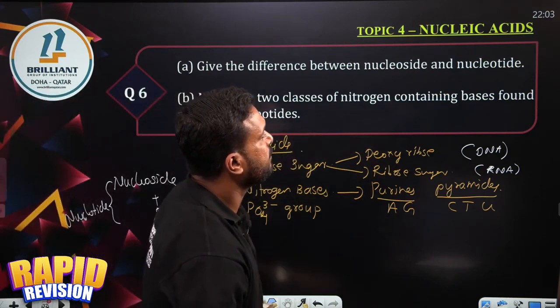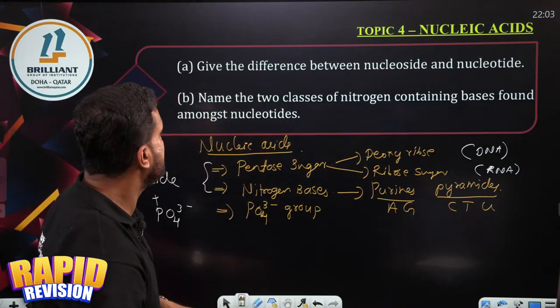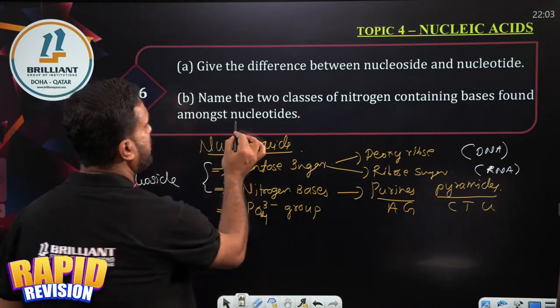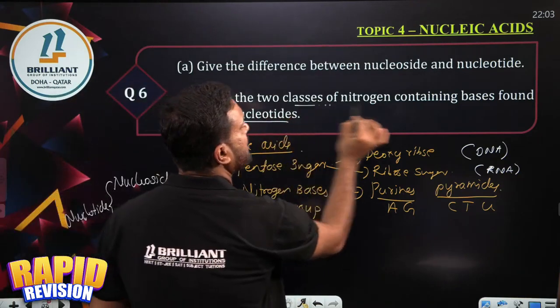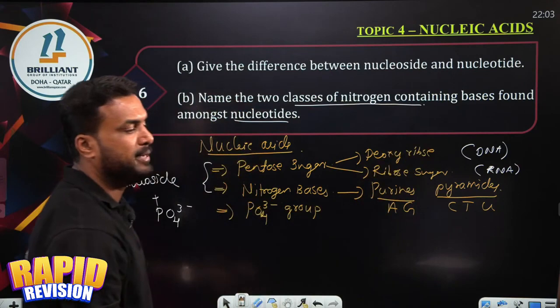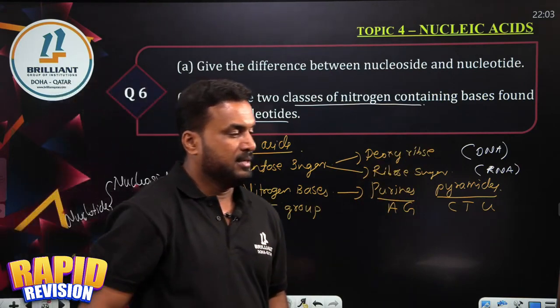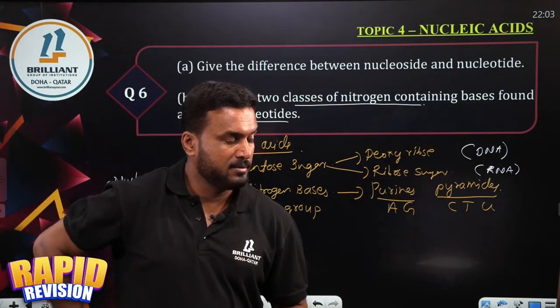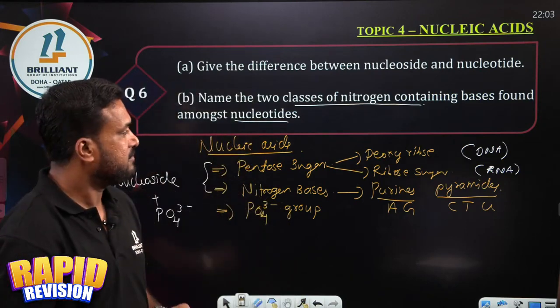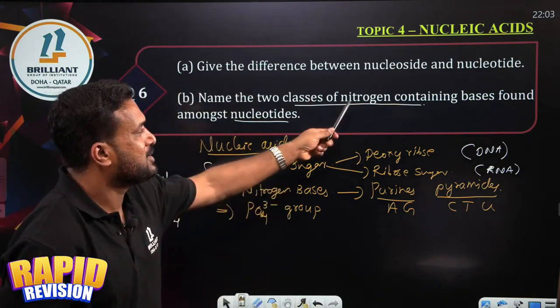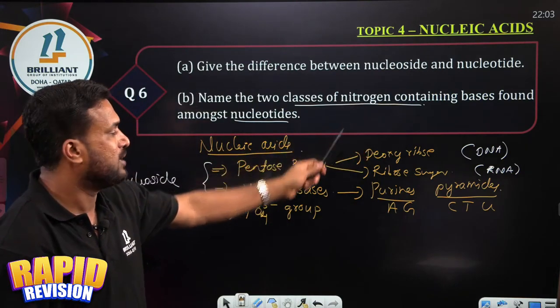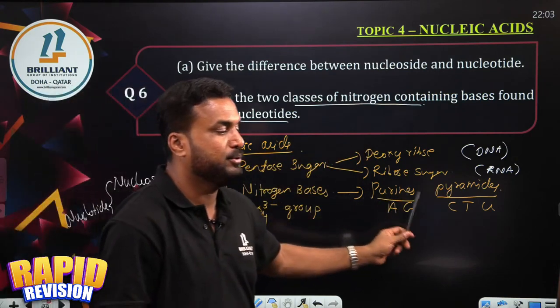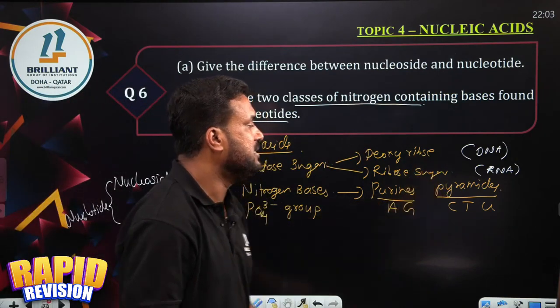Name the two classes of nitrogen containing bases found amongst nucleotides. That I already gave. What are the two classes of nitrogen containing bases? The two classes are purines and pyrimidines.